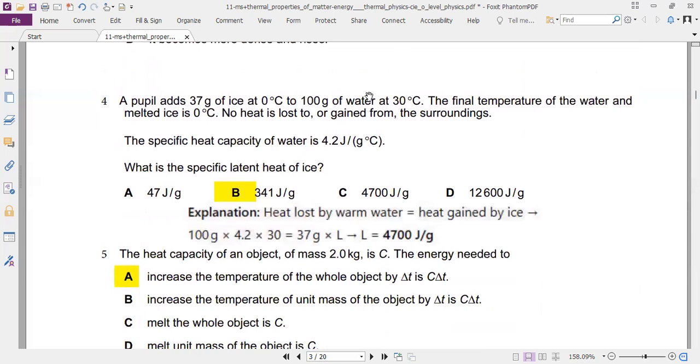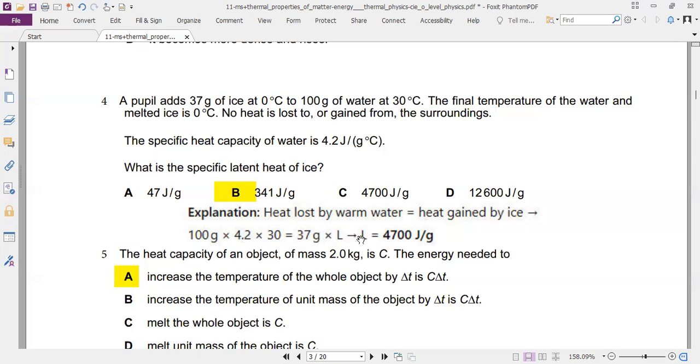So all the data is given, specific latent heat, although not included in your syllabus. So the heat lost by the warm water should be equal to the heat gained by the ice. Heat lost is calculated by specific heat capacity, and heat gained is given by ml, the latent heat formula.